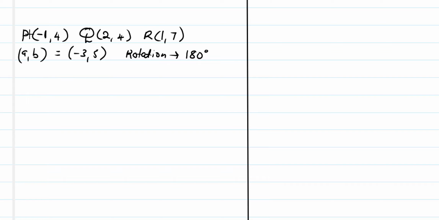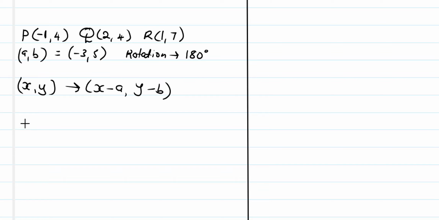So first, let us force all the points here to be rotated from the origin, which is point 0, 0. To do so, we need to change these x, y. We apply this formula where we take all the values of x, we subtract a, and all of the values of y, we subtract b, where a is negative 3 and b is 5.